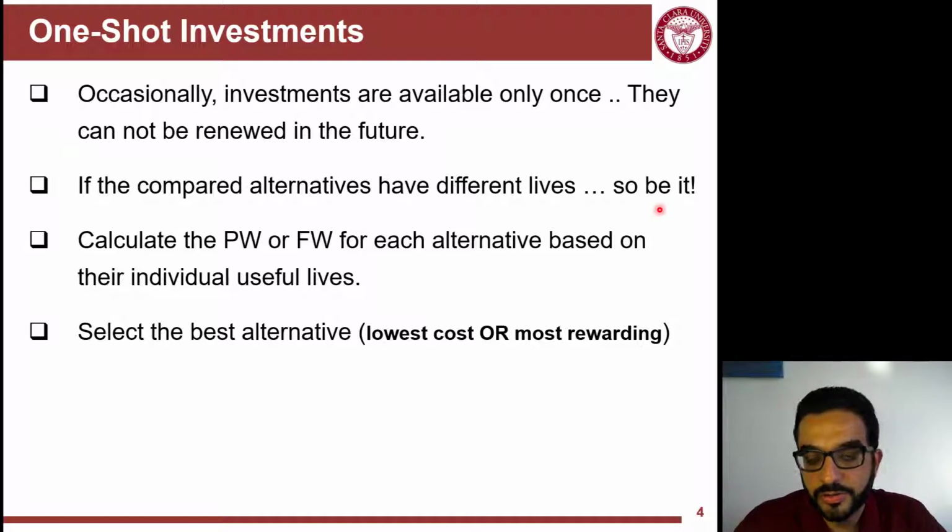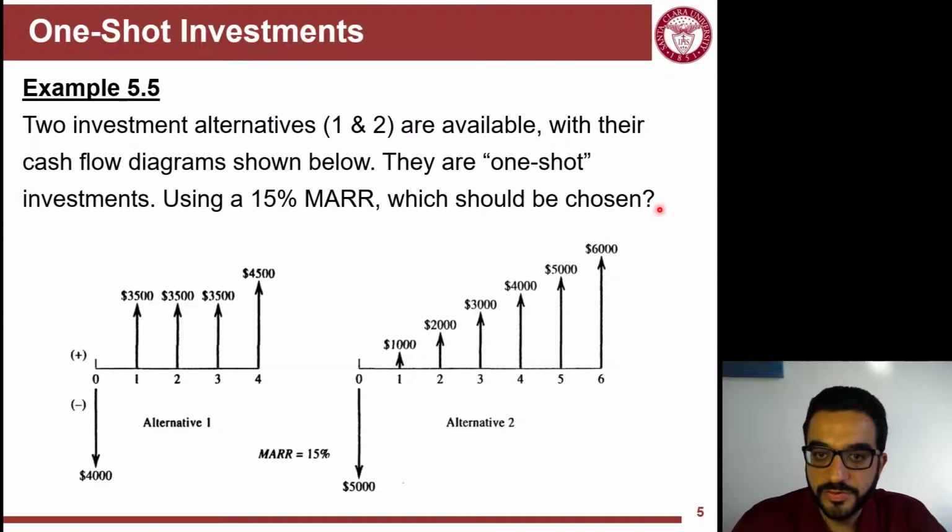You don't repeat cycles. And you select the alternative here based on either the lowest cost, or if you have positive or negative worth of the cash flow, present worth or future worth, then you will select the most rewarding one. So let's see this example here.